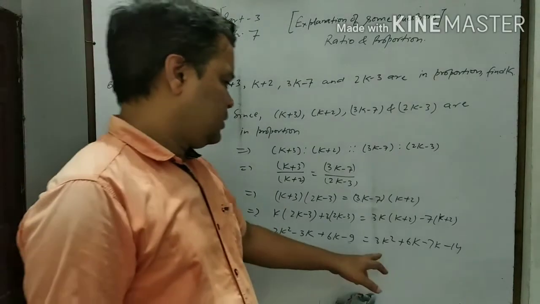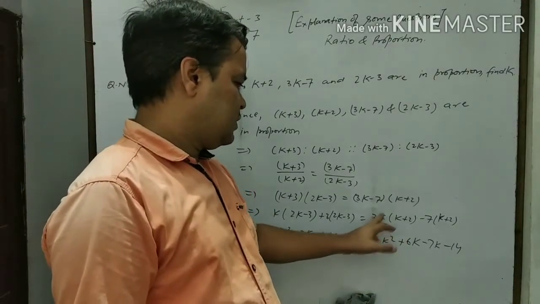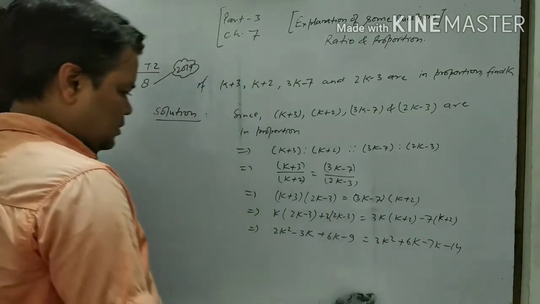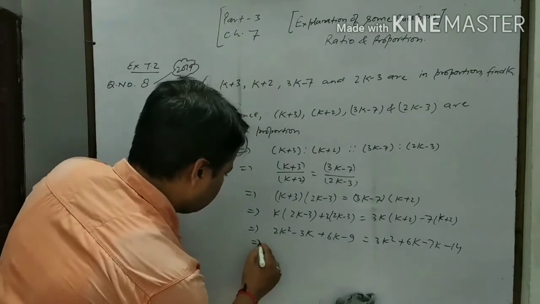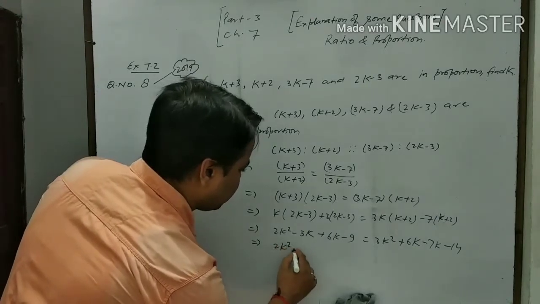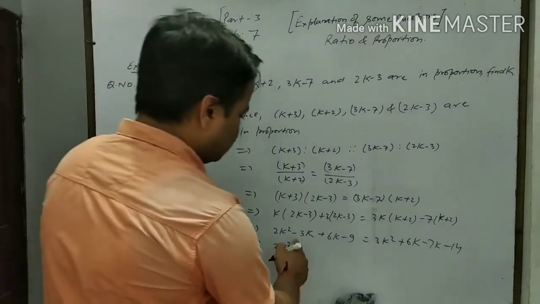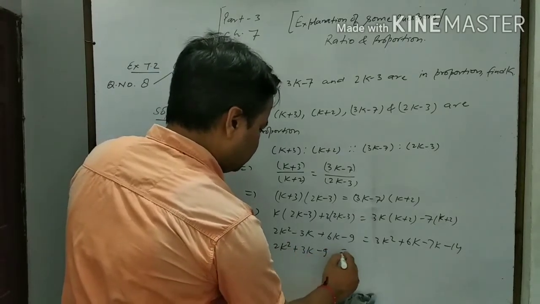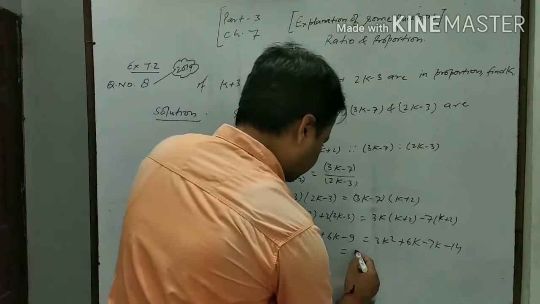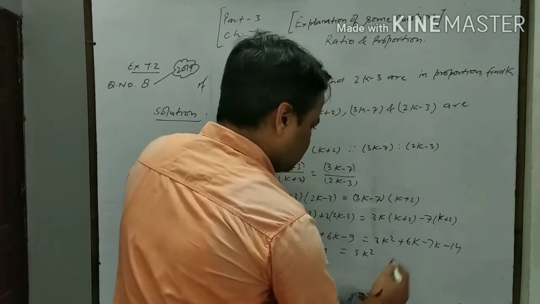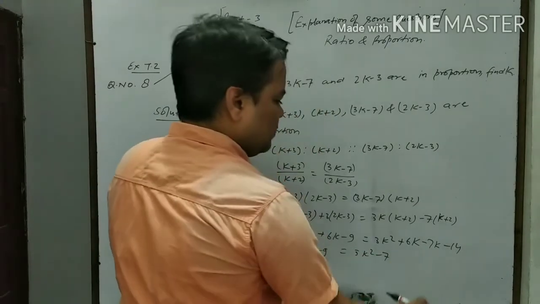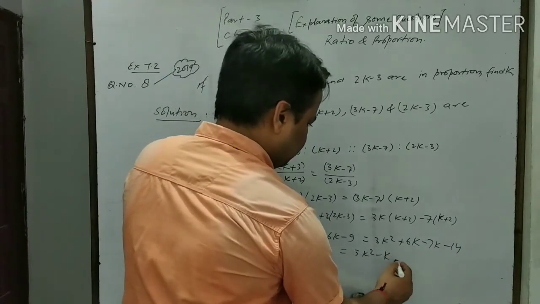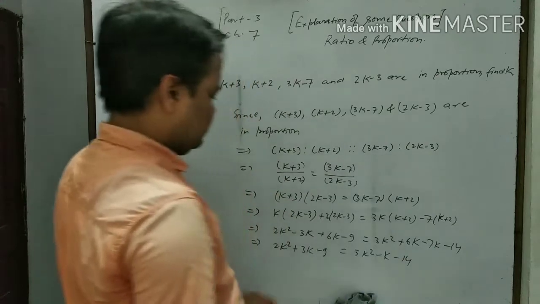Now its value will be 2k square minus 3k plus 6k, that is plus 3k, minus 9 is equal to 3k square and here minus k, because plus 6k minus 7k is minus k, and here minus 14.